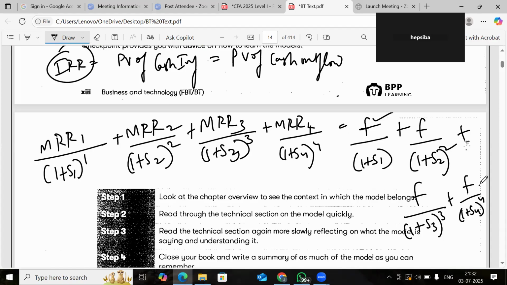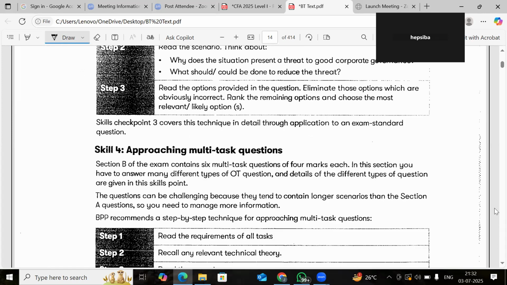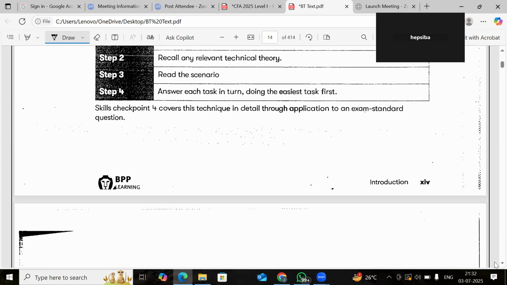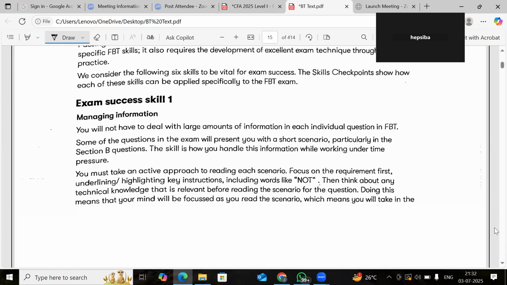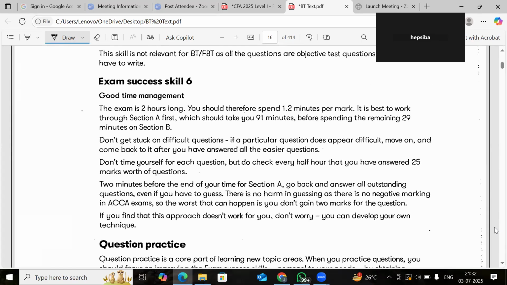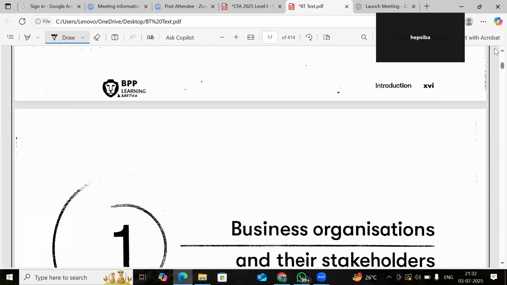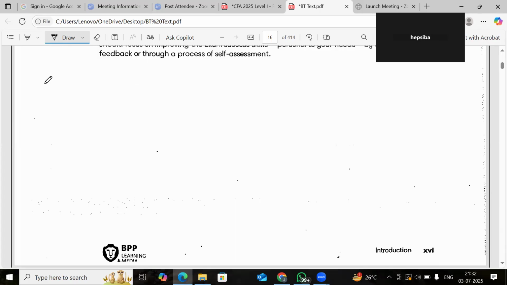This is the formula. Let's do a question and close this concept. So let's say spot rates. The spot rate in the first quarter is 5%.